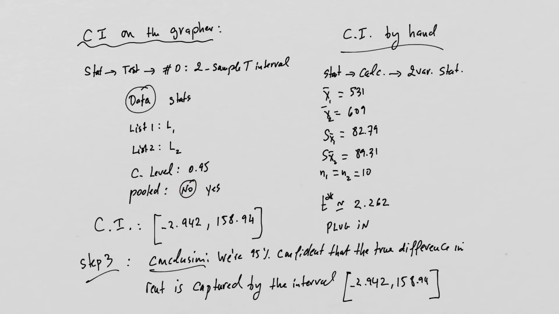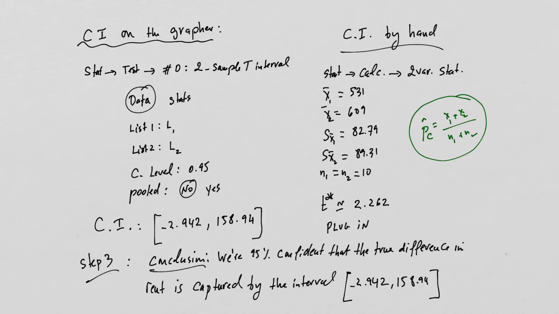To pool the data, which happens every now and then, let's say we're dealing with proportions, we would use the pooled proportion. You add x1 to x2 and you divide by the total. We have never done a problem like this, okay?